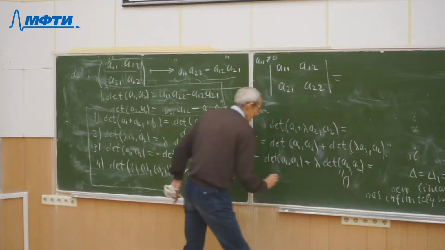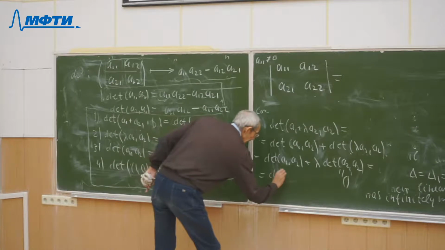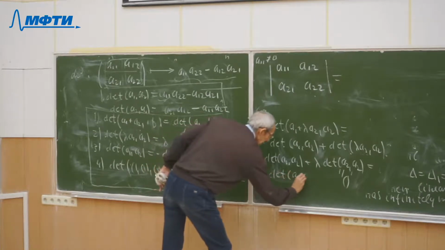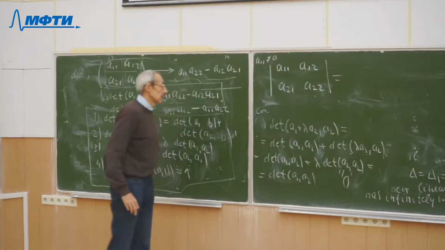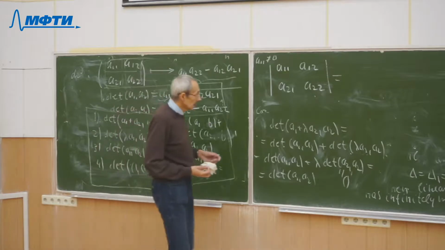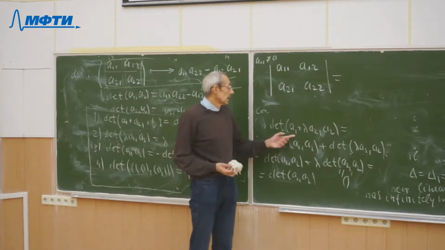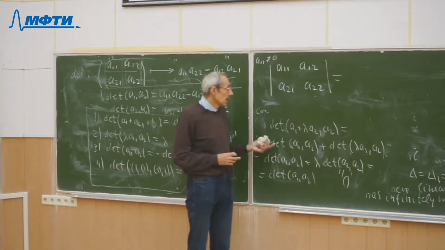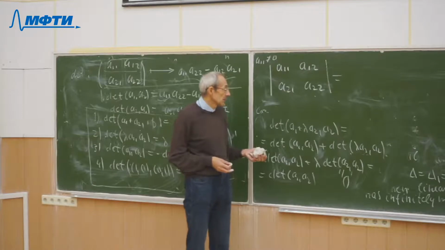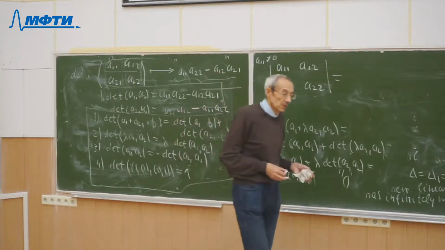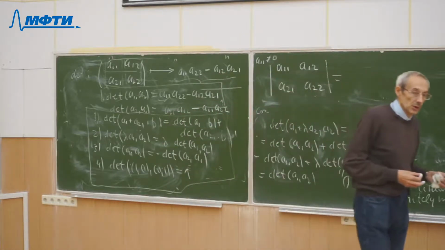And we obtain the property: if we add to some row another row multiplied by an arbitrary scalar lambda, the value of the determinant is not changed.